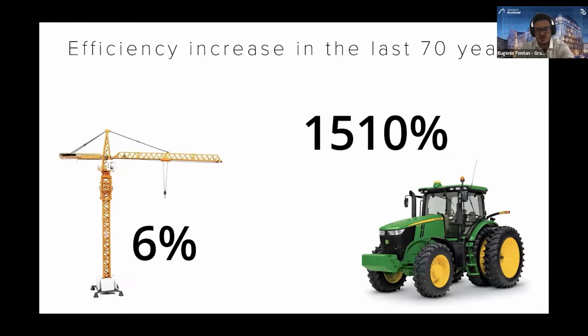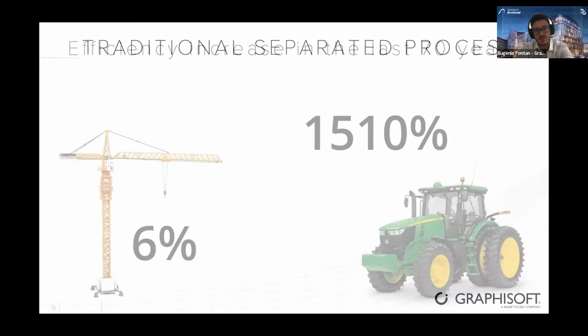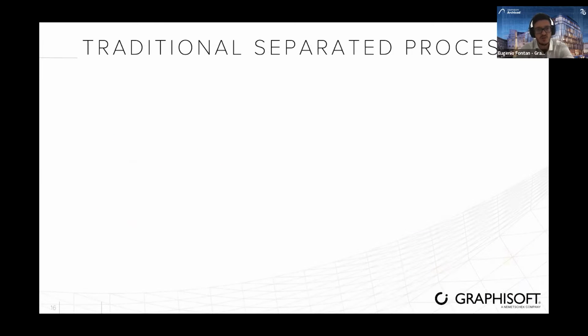Also, when we compare with industries like agriculture, again, industries that have increased efficiency in many ways, that have implemented technology in great ways, construction still, regardless of the developments, is really lagging behind. It's one of the most inefficient and the most polluting industries there are. So one of the reasons to use BIM is to improve the situation.